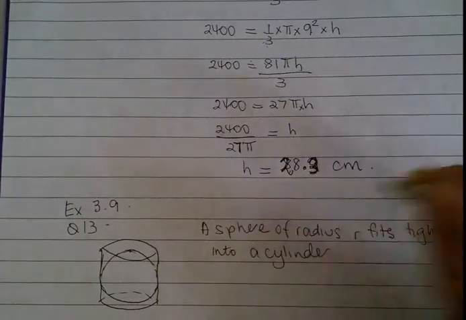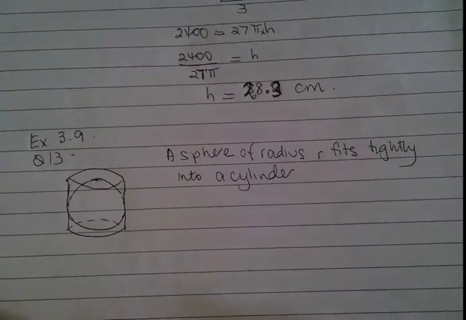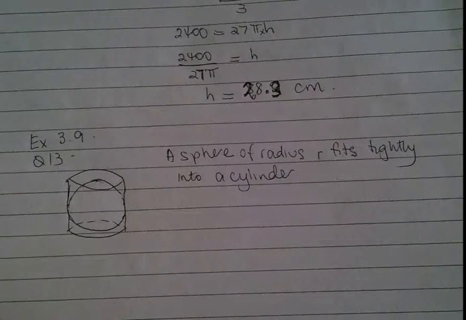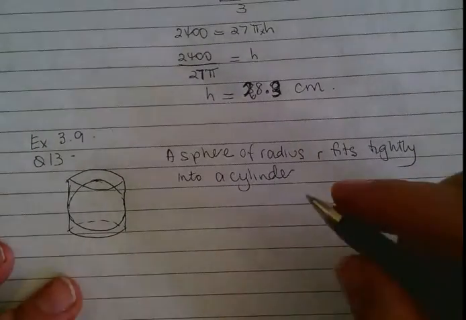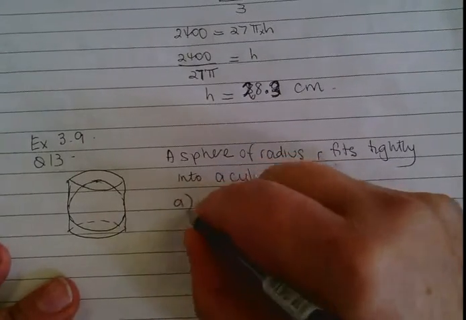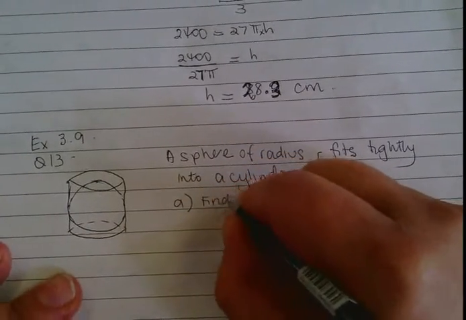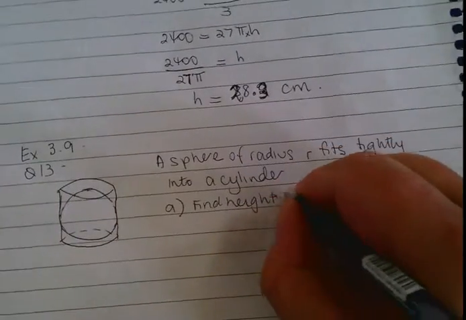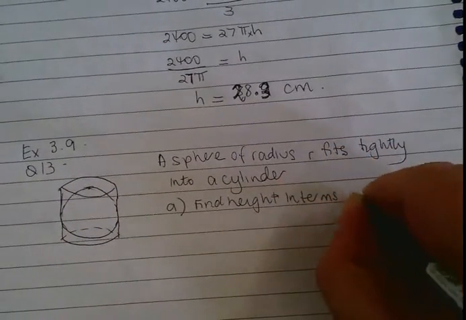Girls, there is one trick with this last one. It says a sphere of radius r fits tightly into the cylinder. Can you find the height in terms of r? The height is 2r.